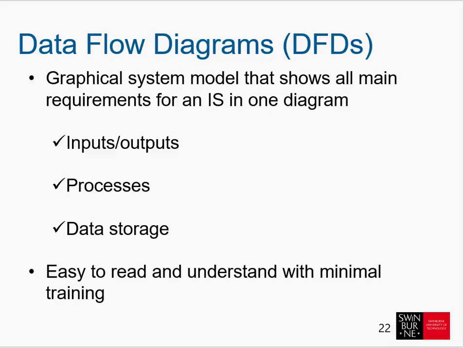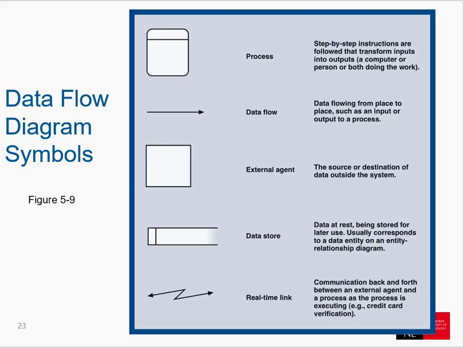So let's go through the data flow diagram symbols. These are the 5 symbols we are going to use when designing a data flow diagram. We have the process symbol at the top.